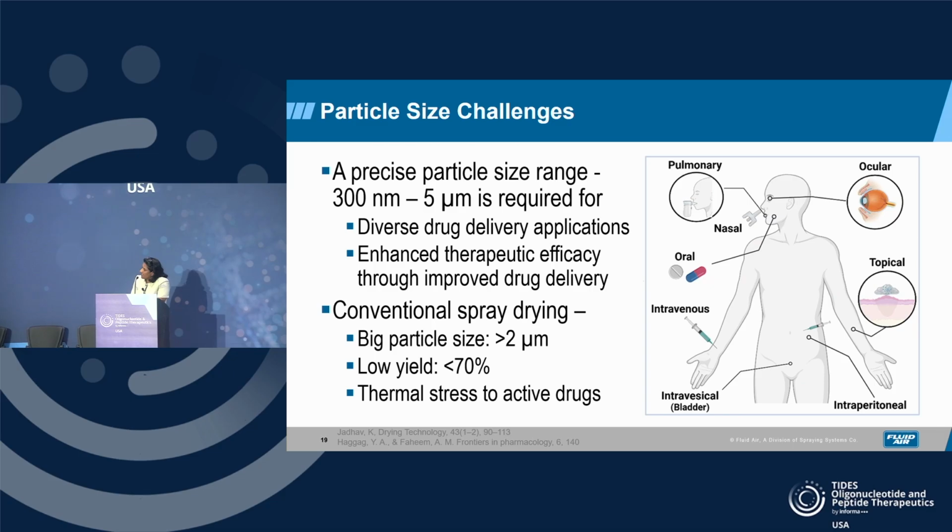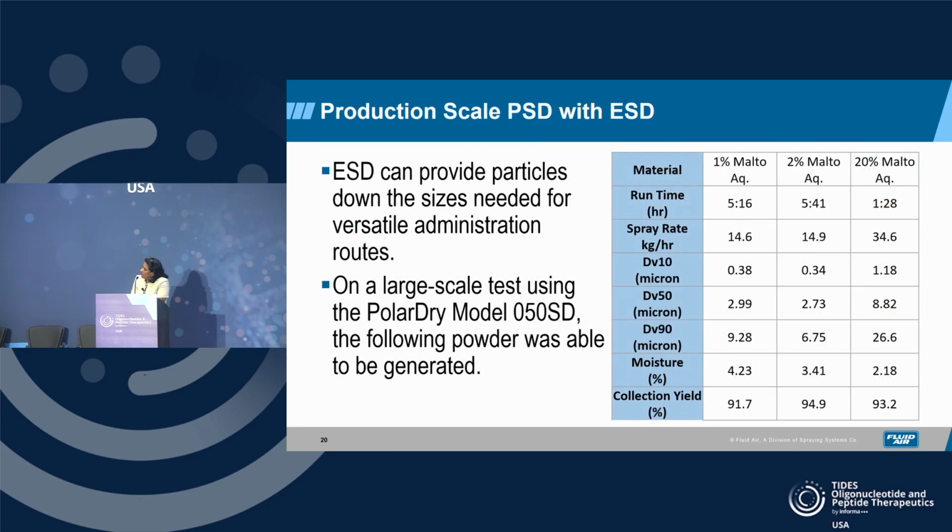Using electrostatic drying, because there is no secondary drying involved, the recovery of smaller size particles is much, much higher. The collection yield tends to be about 90%, regardless of what your solids loading is on the dryer.